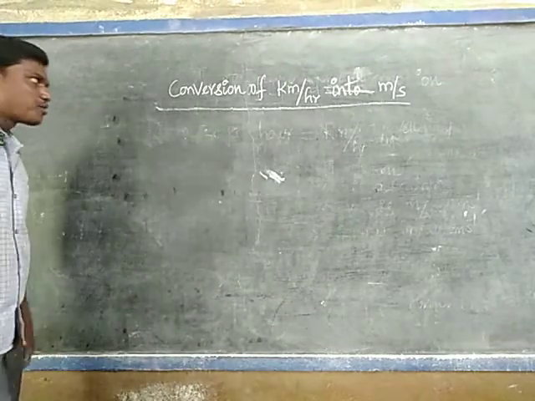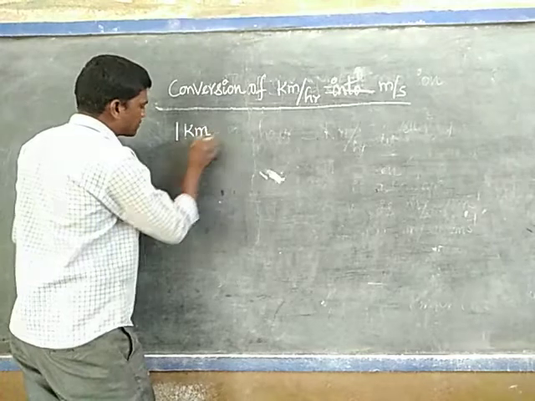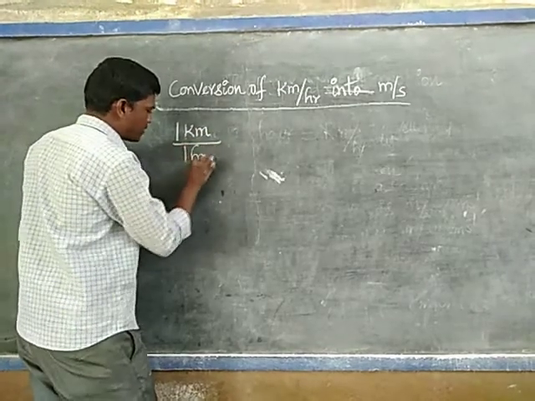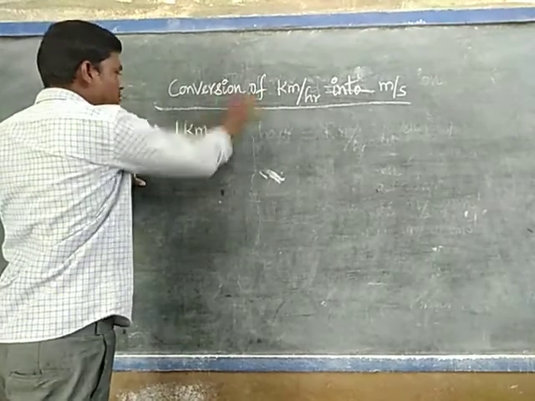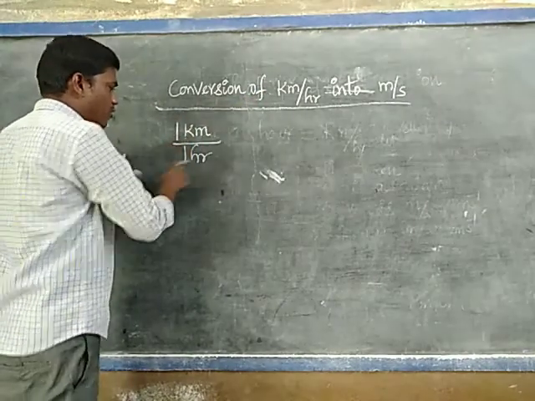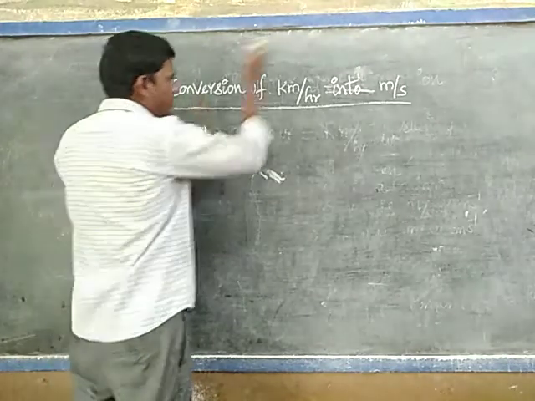Now let me come to the point. 1 kilometer per 1 hour, kilometer per hour means you can write the numerical value 1. That's why 1 kilometer per 1 hour is equal to, it is the other unit, converted to meters per second.